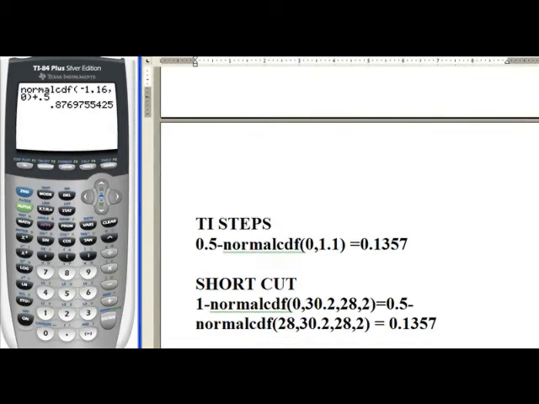That will give you that little area to the right. So let's push that 0.5 minus, and you get the normal CDF from the distribution. The second option, enter. You're going to integrate from 0 to 1.1, and that's the value that we got before. That would give you 0.1357.